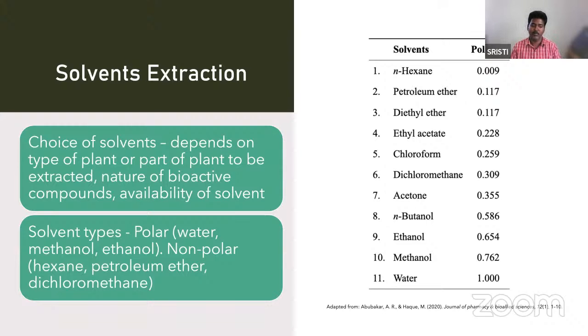So there are two types of solvents, polar and non-polar. Polar like water, methanol, ethanol, and non-polar at the other end like hexane, petroleum ether, and dichloromethane. So here you can find the different polarity of different solvents that are generally used in phytochemical extractions.